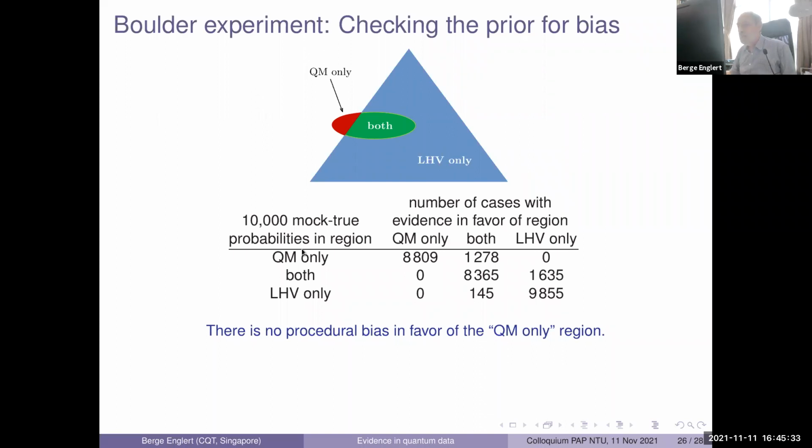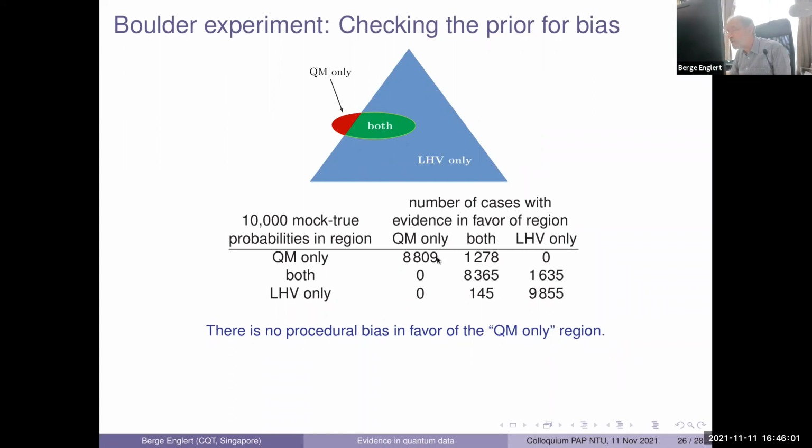If we choose 10,000 mock true probabilities from the red region, and then we generate data and we evaluate the data, we get evidence in favor of the red region in 8,800 cases. In 1,200 cases, we get evidence for the green region.